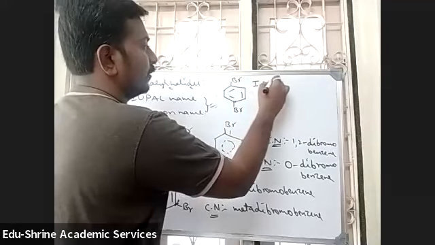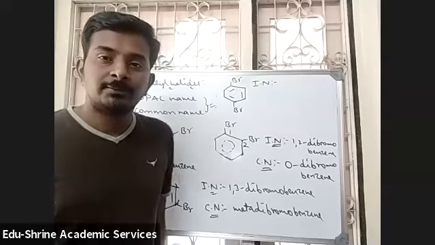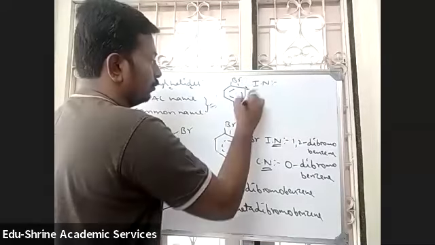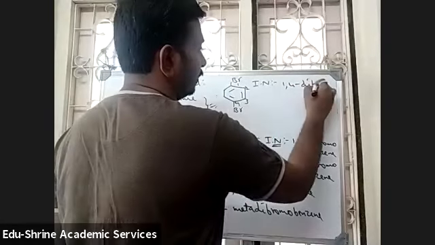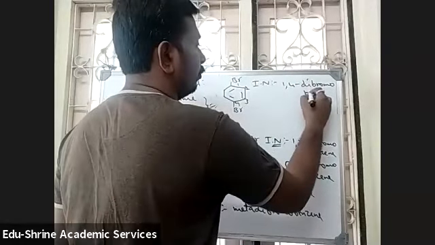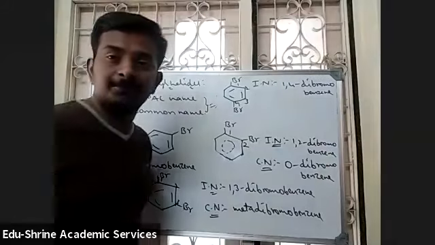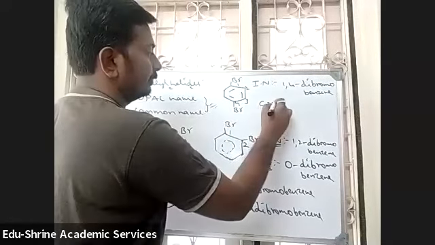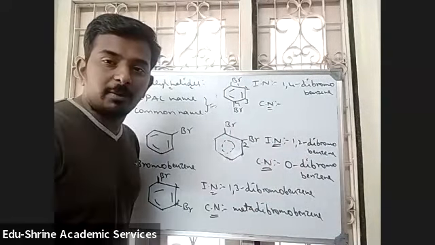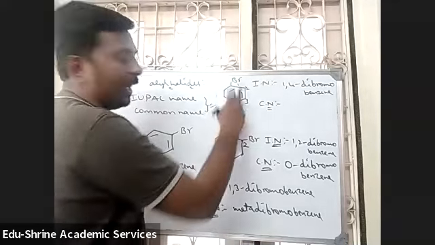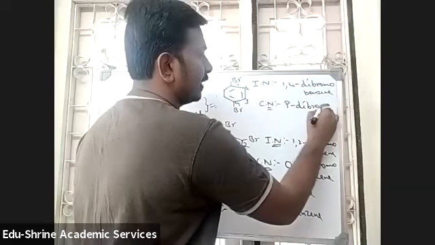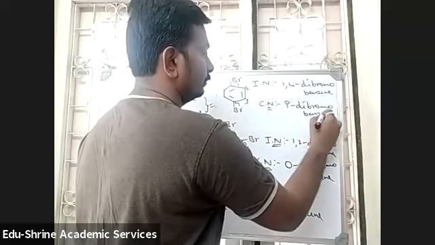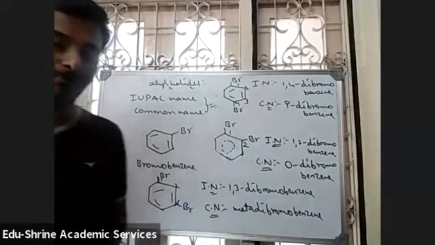Tell me what will be the IUPAC name of this compound. So 1, 2, 3, 4: it is 1,4-dibromobenzene. What will be the common name of this? Yes, para-dibromobenzene.